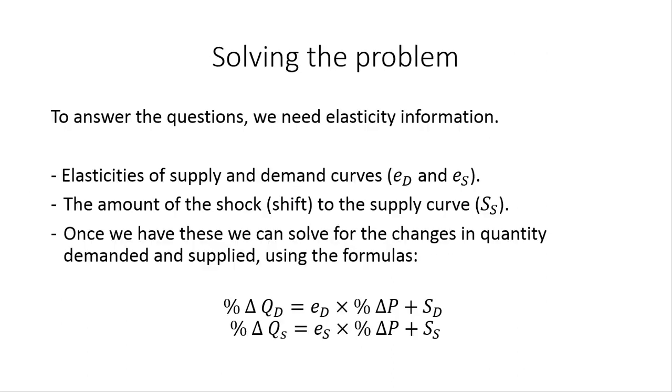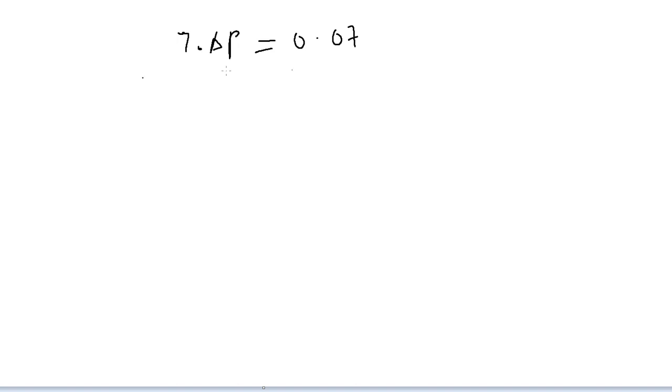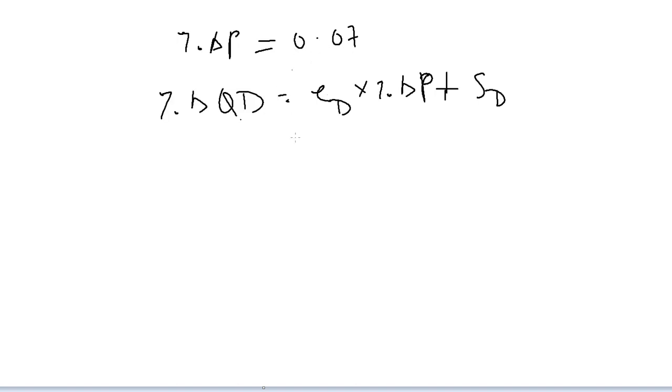Okay, now once you have what the percentage change in price is, all you do is you simply plug in whatever the percentage change of price is that you calculated. You already know what the ED is, and I have given you what the shock in demand is. Okay, so as an example, we just calculated the percentage change in price as 0.07, and then we also know that the percentage change in quantity demanded equals the elasticity of demand times the percentage change in price plus whatever the shock in demand is.